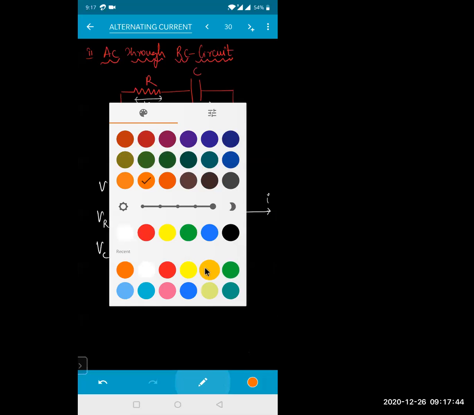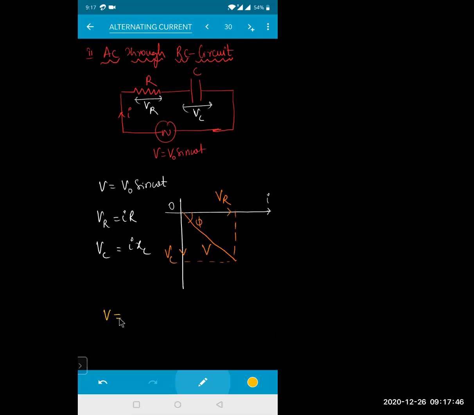This resultant can be calculated by the formula V is equal to under root of VR square plus VC square. That will be equal to under root of (I into R) whole square plus (I into XC) whole square.